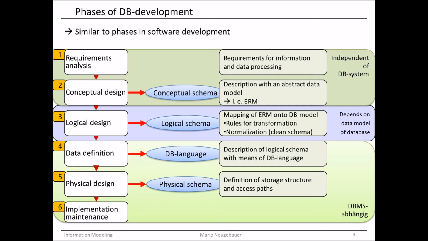There we use the database language, and the database language in our focus will be SQL. SQL, the structured query language, means that we have means to talk to the database to create the tables like we created them in the logical schema, and to prepare our database such that it can take the information later on in this process.